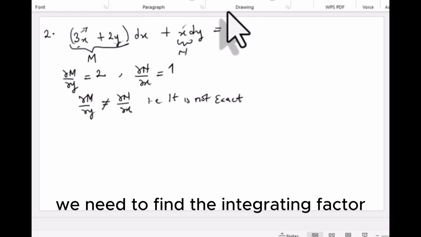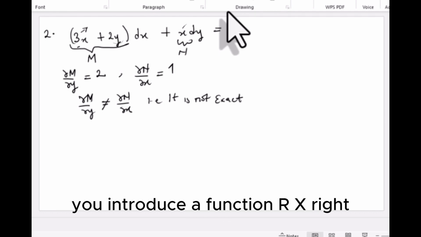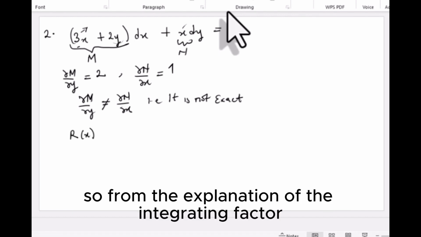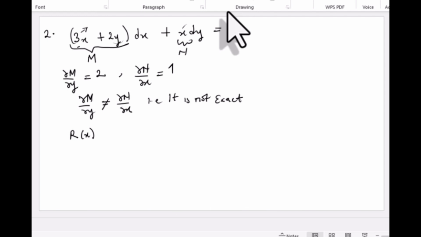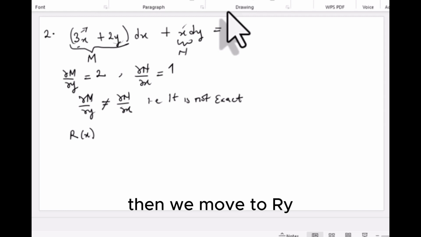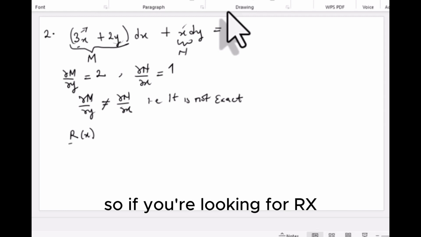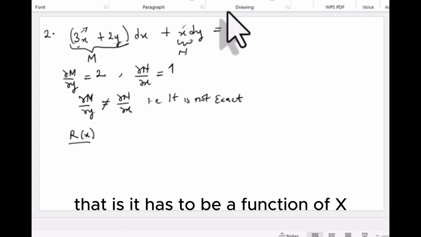We need to find the integrating factor. And how do you find the integrating factor? You introduce a function R(x). From the explanation of the integrating factor, I mentioned that either you find R(x) or you find R(y). But let's find R(x) first, then we move to R(y). If you're looking for R(x), your answer needs to be a function of x.